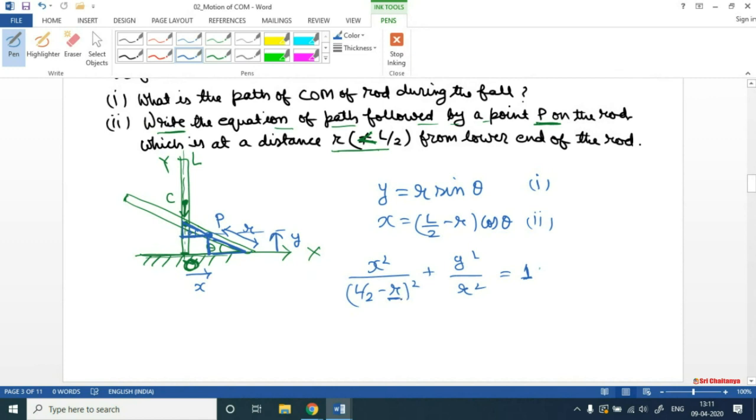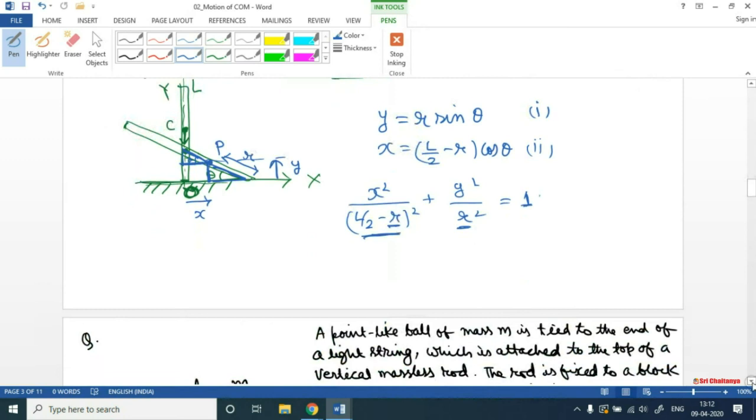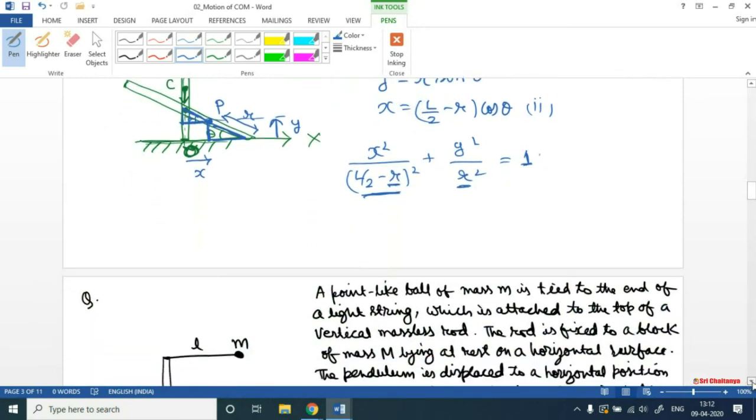And it will turn out to be the equation of a circle if r is equal to L by 4, because then these two quantities become the same, so that will represent a circle. So the trajectory of point P will be either an ellipse or a circle depending upon the value of r. So this is the question which we learned.